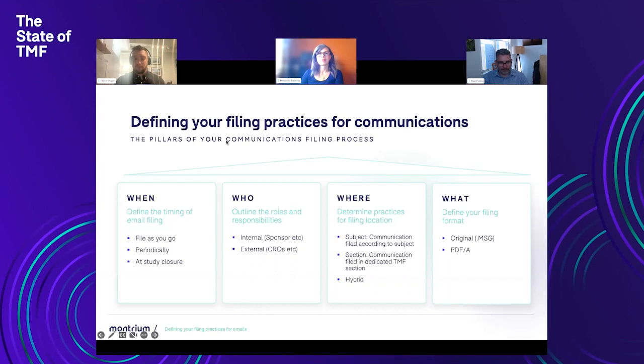But all of this can come crashing down like a house of cards if you don't have the right process and you haven't trained people on the right process. Naturally, as human beings, we are full of faults, and we will always, or most of the time, take the easy route. And sometimes it's easier just to tag everything or forward everything, and then you're still left with the same mess to clean up at the end of it, which is only then amplified by the volume and the amount of communication that you might have.